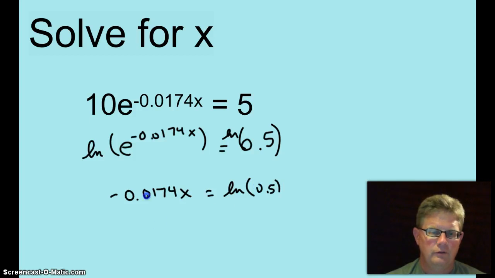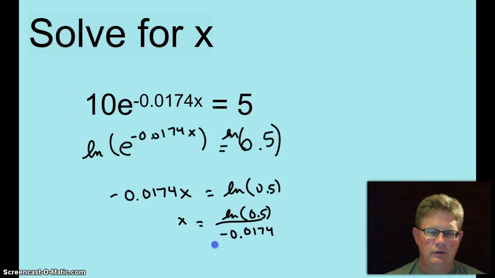We want to solve for x, divide both sides by that coefficient. x equals the ln of 0.5 all over negative 0.0174.